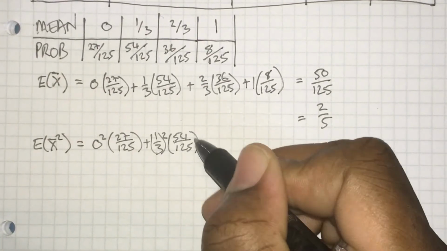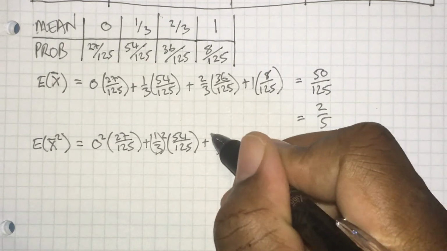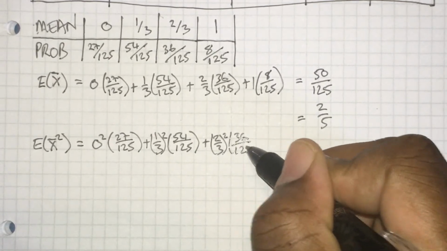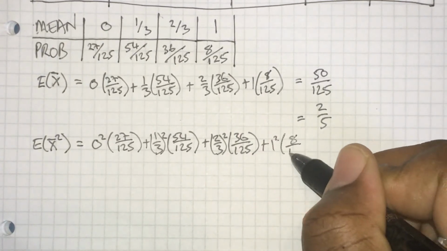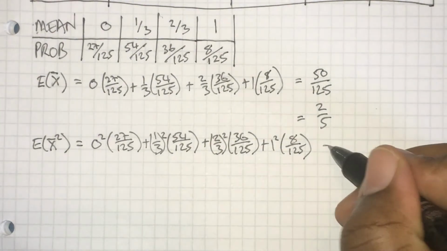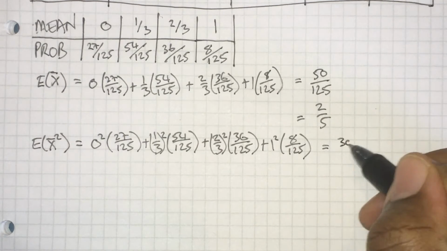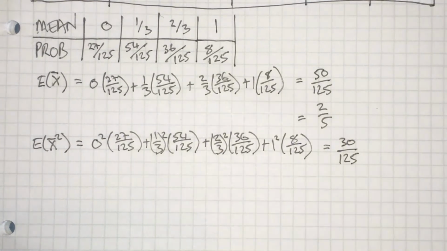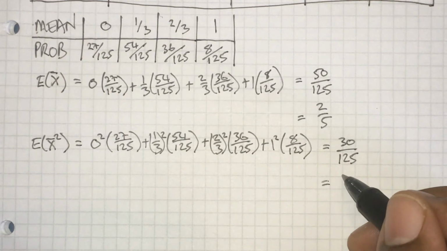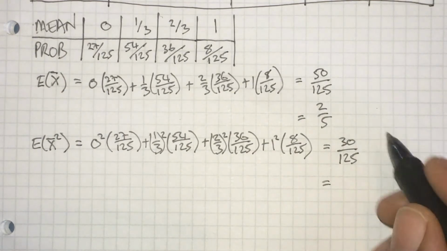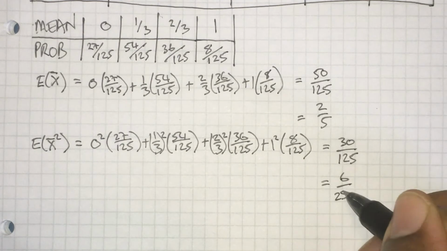So the expectation of x bar squared. Right, it's important that you're really labeling each of the calculations, setting out your work in a sensible way so that anybody can follow it through, and so you can check for mistakes in your own working. Expectation of x bar squared gives me 30 over 125. It does simplify, it simplifies to 6 over 25.